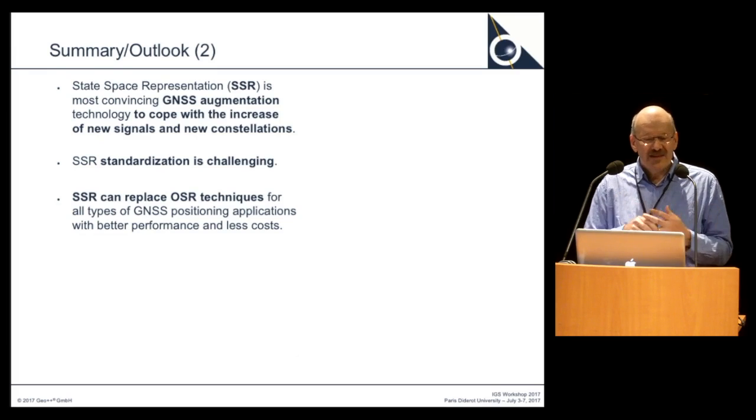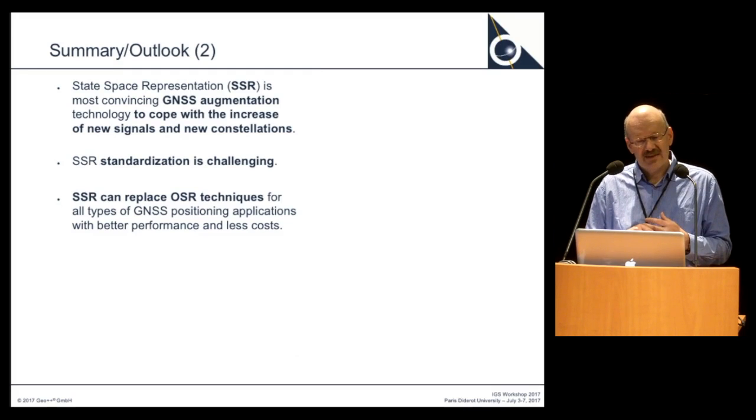So we see state-based representation as the most convincing technology for GNSS augmentation to cope with the increase of signals and new constellations. We are facing a challenging status to standardize this.